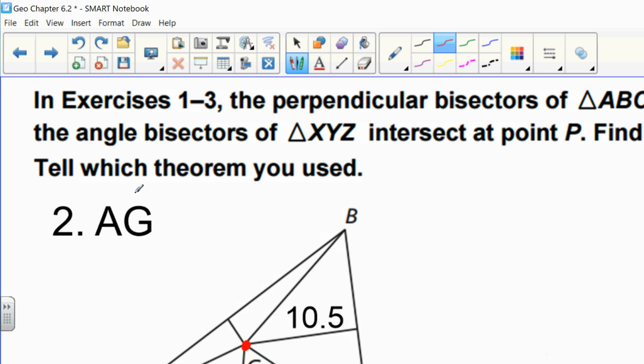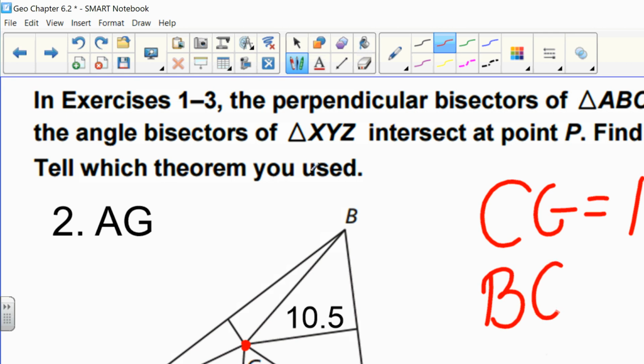So this here, point G is still a circumcenter. So that means that CG is what for this here? Because it told us what it is. Now what is BG going to be?